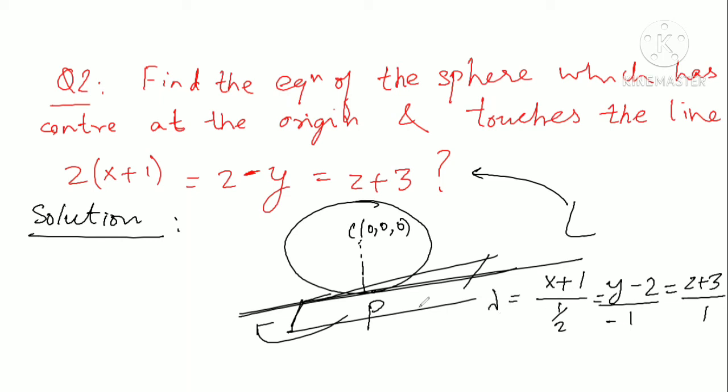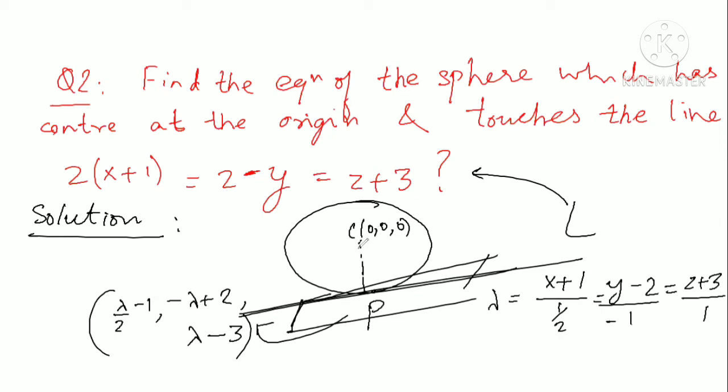If I equate this equation of line to lambda, I can write the coordinates of that point in terms of lambda. So the x coordinate will be lambda by 2 minus 1, then minus lambda plus 2, and then 1 into lambda, so lambda minus 3. So these are the coordinates for point P.